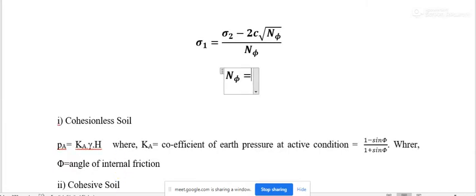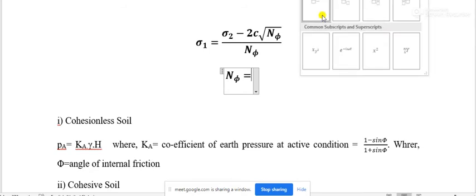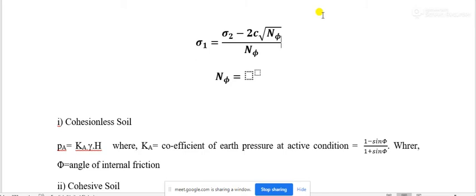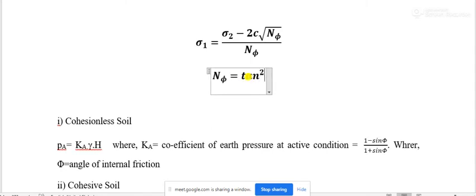This C is one of the shear parameters, and N phi is nothing but tan square 45 degree plus phi by 2.